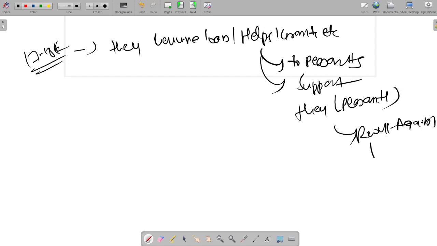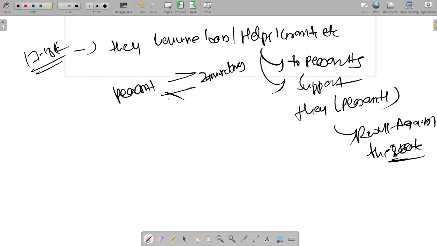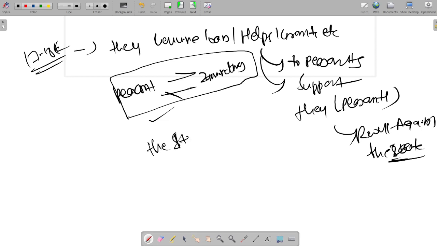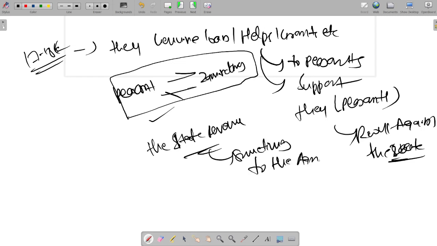That is, the peasants and zamindars had a give and take relation. In fact, it was the state revenue officers who sometimes caused trouble to the agrarian sector.